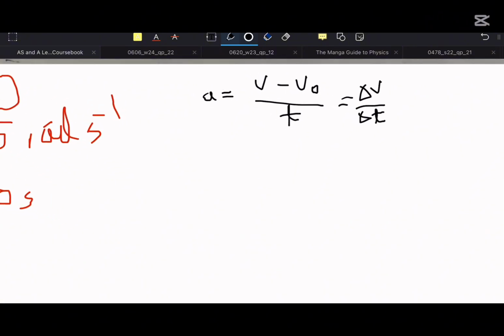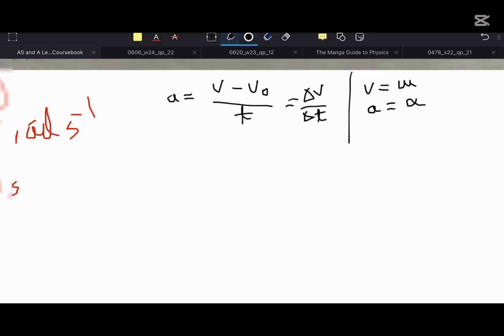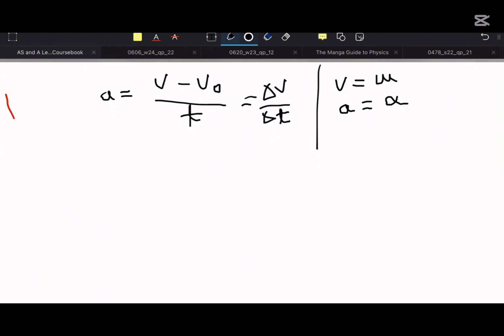So we just switch out v with the angular velocity. I might be wrong because I am very new to this topic, so I'm still learning, but I think this is how it works. And then the acceleration is switched to alpha, the symbol for angular acceleration.